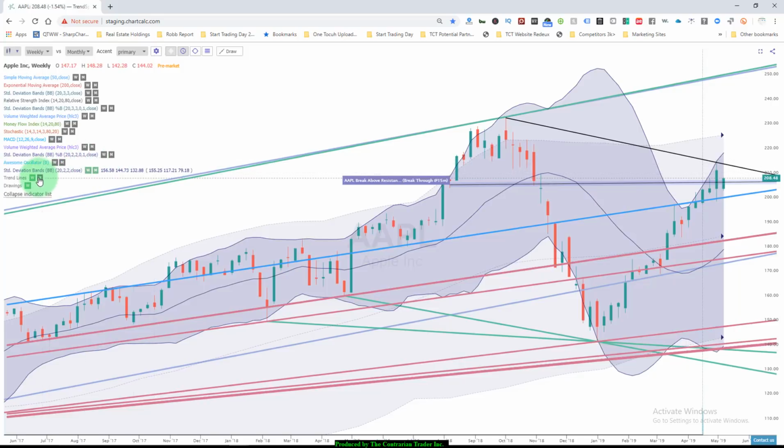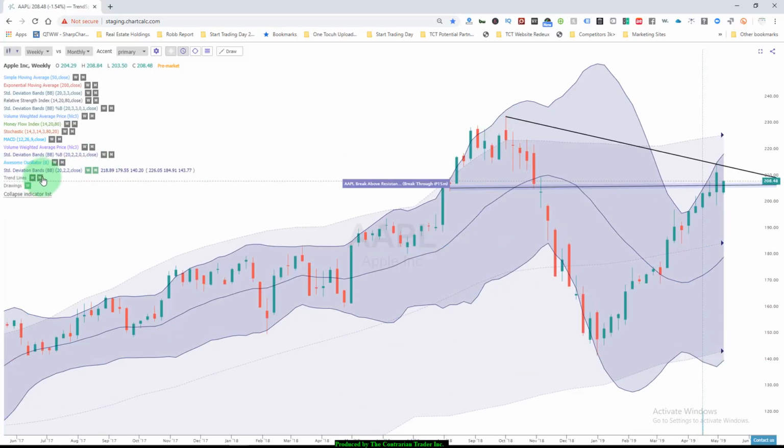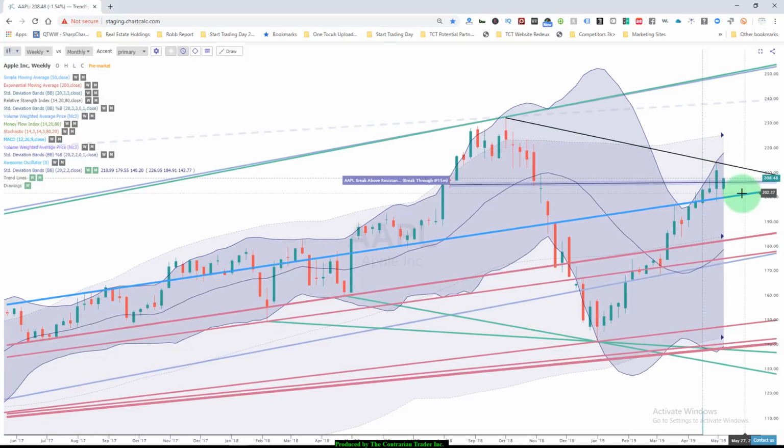I simply take off the weekly time frame, throw up the monthly time frame, and there is the monthly upper band of resistance extrapolated out from prior peaks, and that coincides with the 240 level. So we have a price target here of 240 to 250 on Apple, but we're not ready to pull the trigger yet. Ideally, we get a breakout above this upper band of resistance or a pullback to either one of these two lower bands of support.